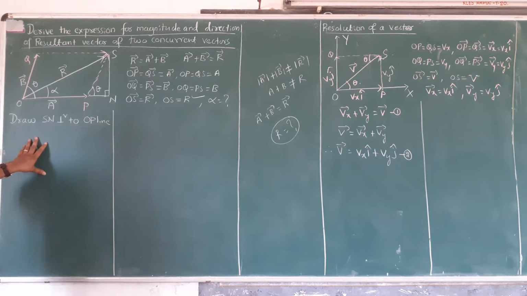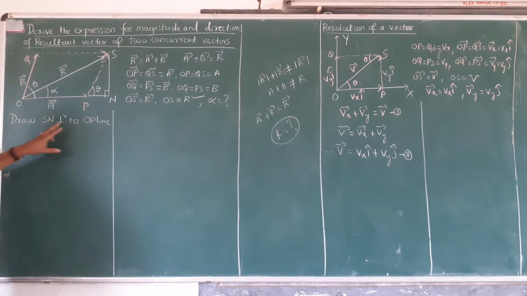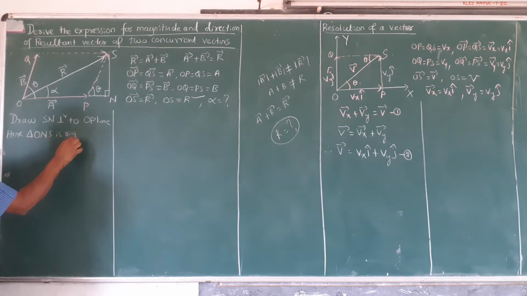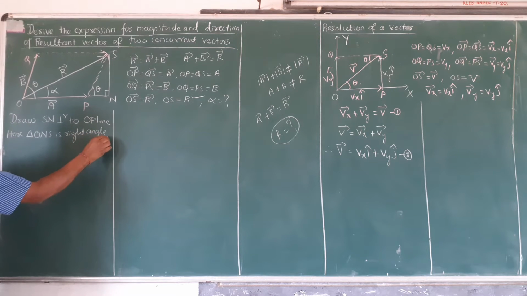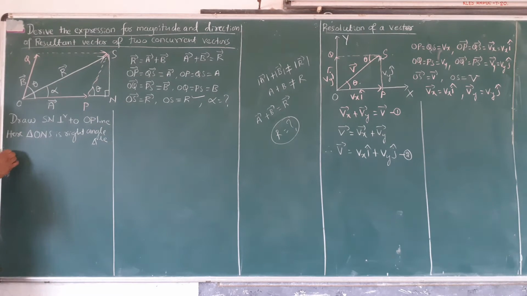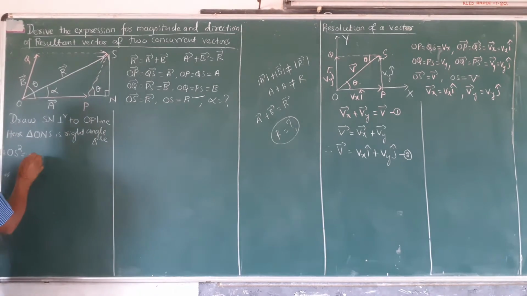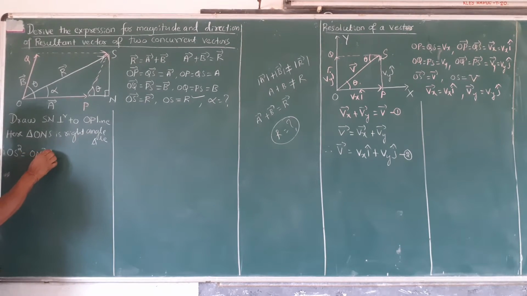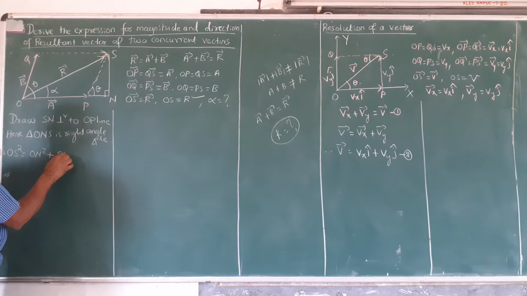Just before going to that, when you draw the perpendicular, triangle ONS is a right angle triangle. By the Pythagoras relation, OS square is equal to ON square plus SN square.